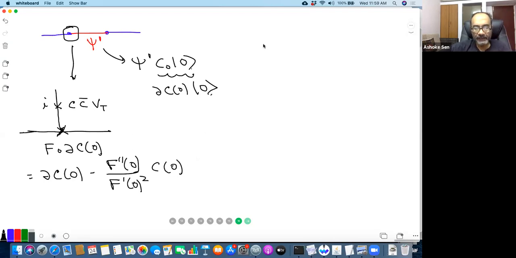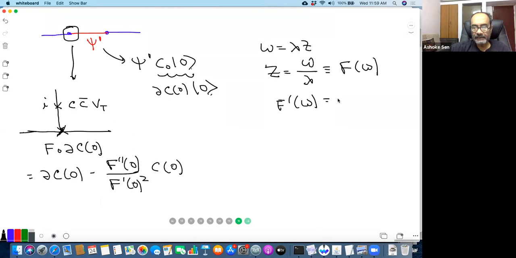Now here we have taken Z W equal to lambda Z, W equal to lambda Z. So Z equal to W over lambda, and this is what we had called F of W. So you see that F prime of W is 1 over lambda, but F double prime of W is 0. So this term is 0, so this just gives you del C of 0.